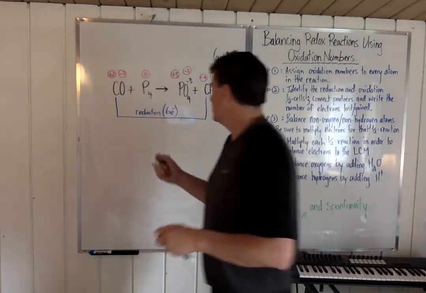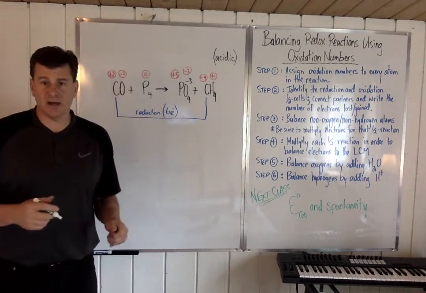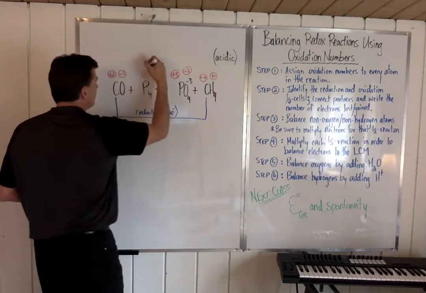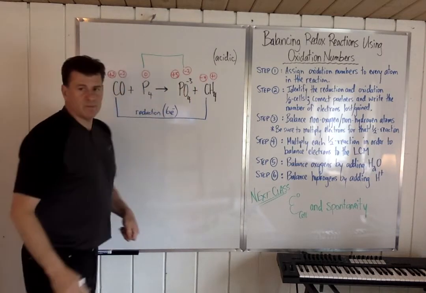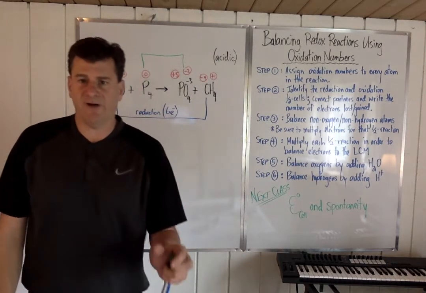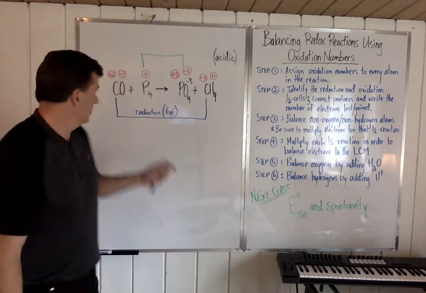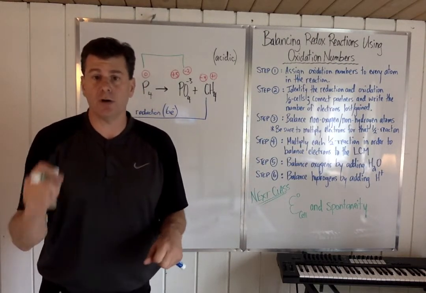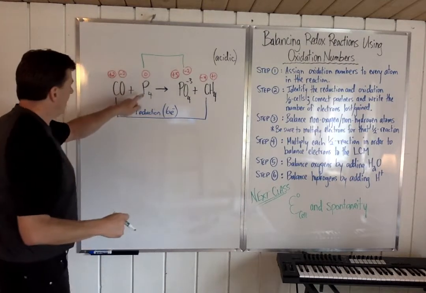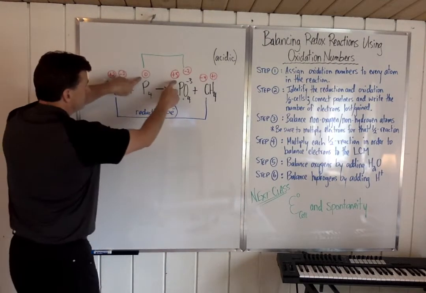The phosphorus, and it might get a little messy here, and remember we're talking about each phosphorus atom. We're not talking like all 4 of them are doing the total number of electrons. It's per phosphorus atom. I've got 0 to +5.